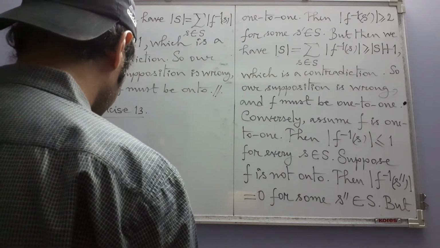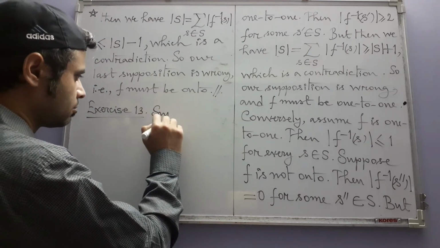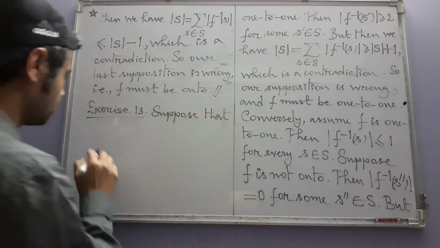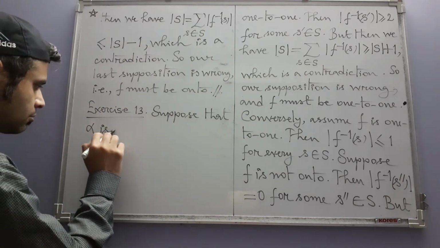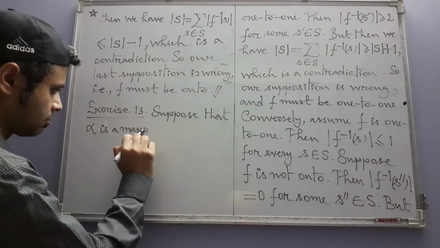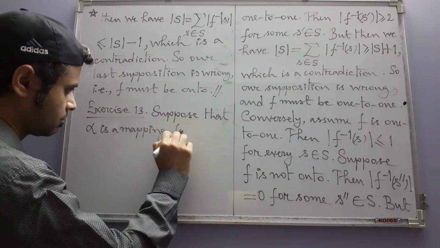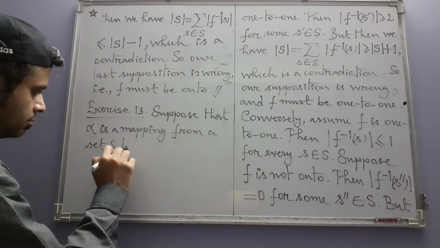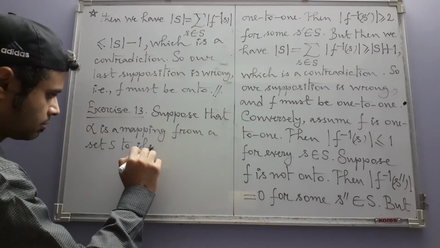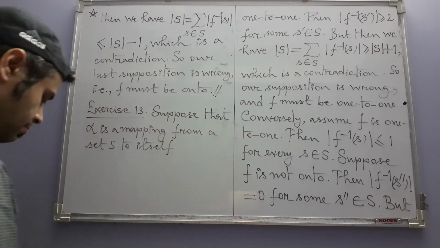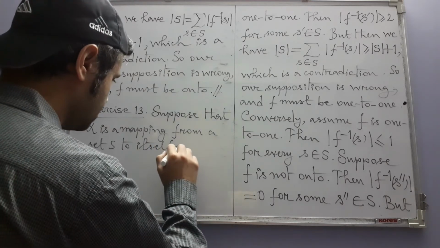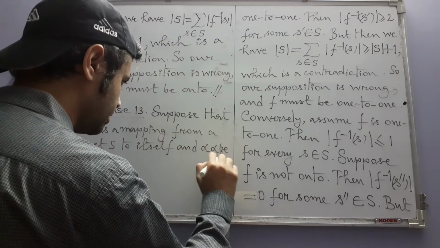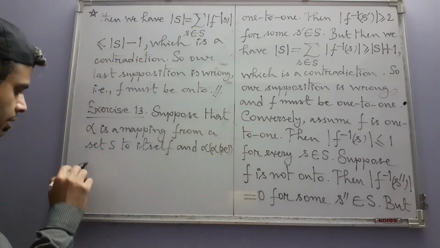Suppose that alpha is a mapping from a set S to itself. And here is a property enjoyed by alpha.